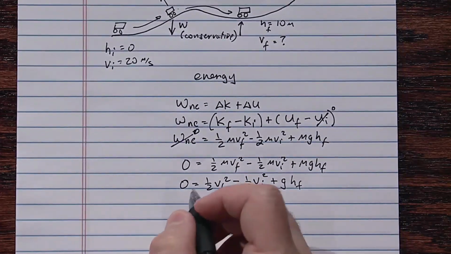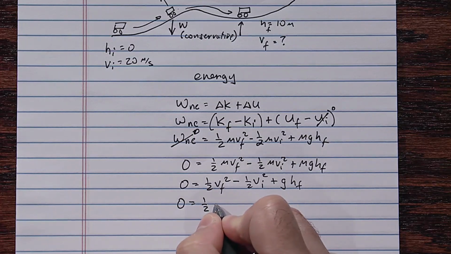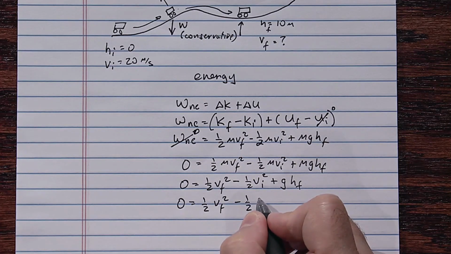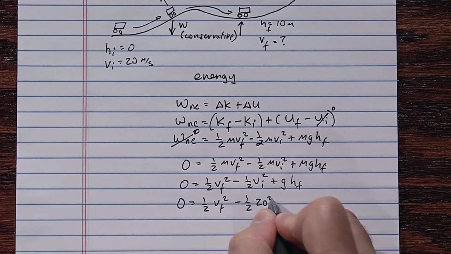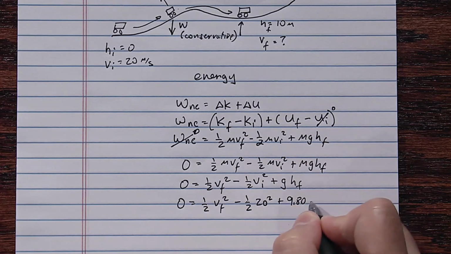So let's start putting in some numbers. 0 is equal to 1/2 v final squared minus 1/2 of v initial squared, which is 20 squared, plus 9.80 for g times height final of 10.